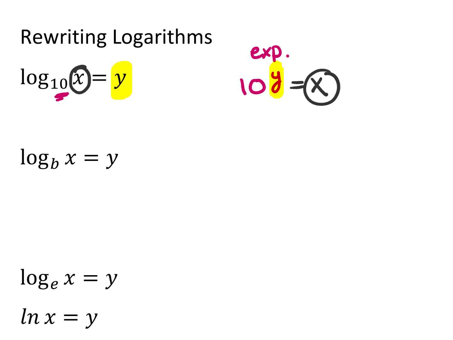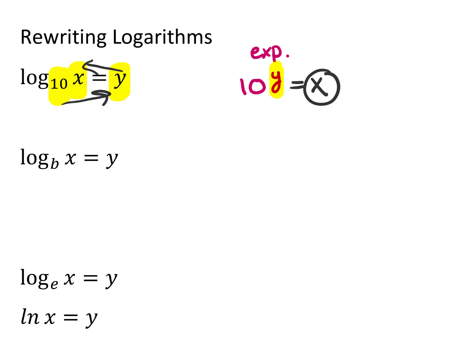One way to think about this, I call it the crisscross. We have the 10, we cross over to get the exponent, and then we cross back, and that's what it's equal to. 10 to the y is equal to x.